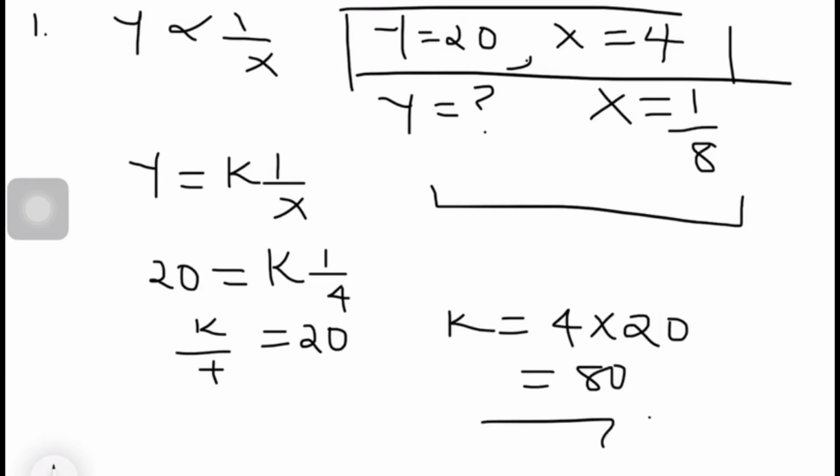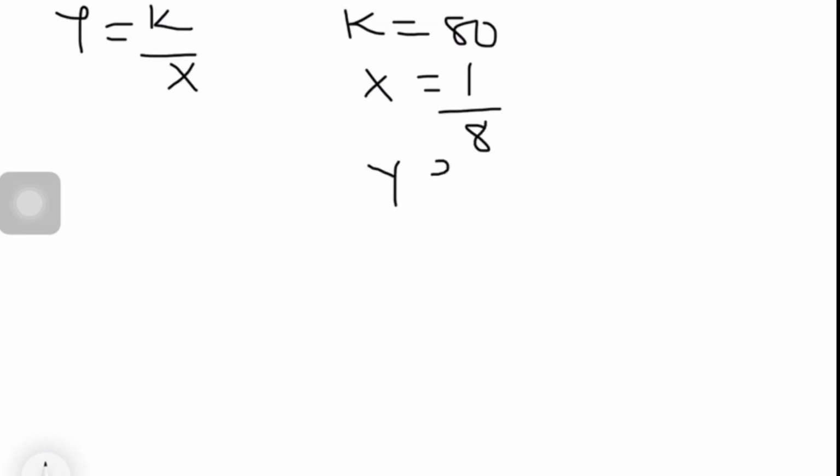So we have the value of k, and we know the value of x is 1 over 8, and we can find y is equal to k over x. We know that k is equal to 80 and x is equal to 1 over 8.